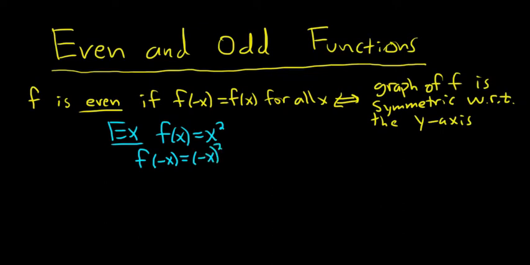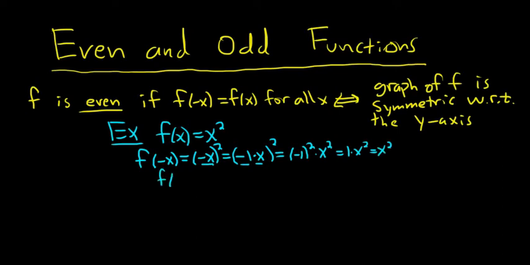Since this is the first example, let me show what happens. This is equal to negative 1 times x quantity squared, because negative 1 times x is negative x. Then using properties of exponents, you can write this as negative 1 squared times x squared. Negative 1 squared is 1, which is just x squared.